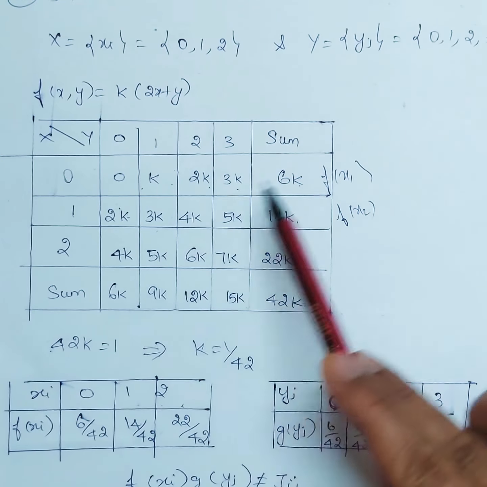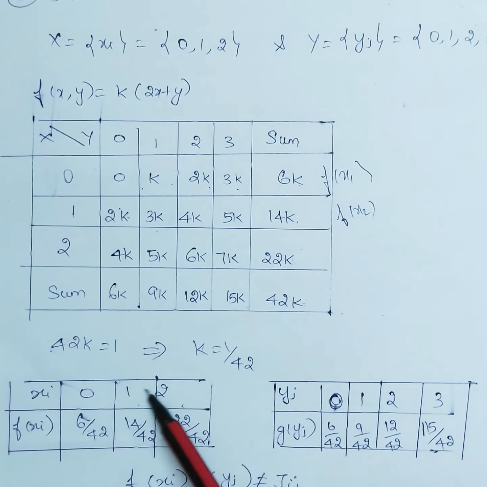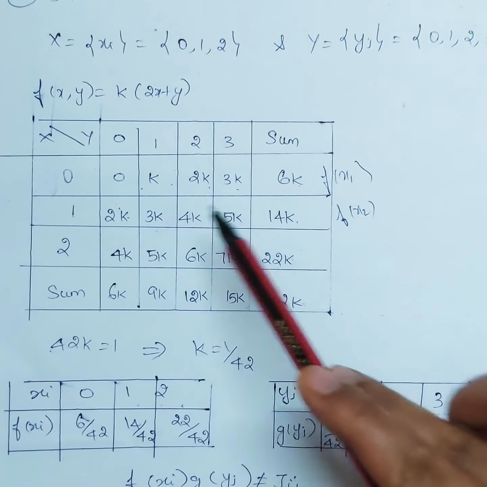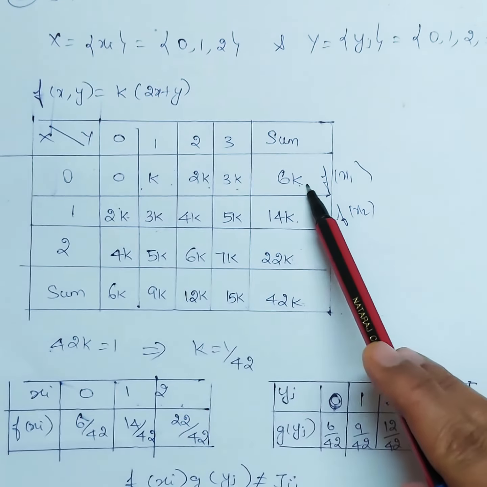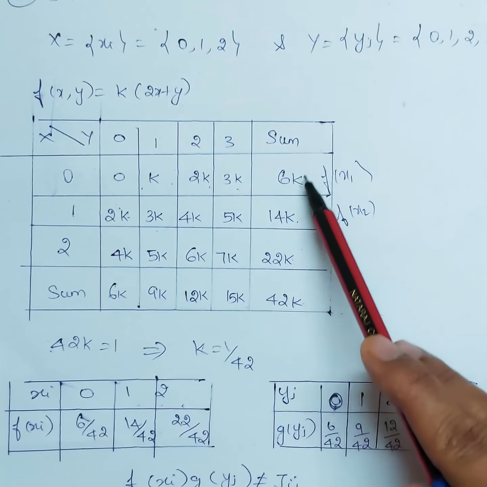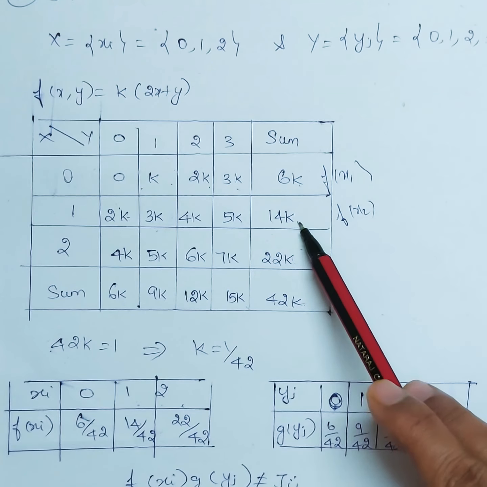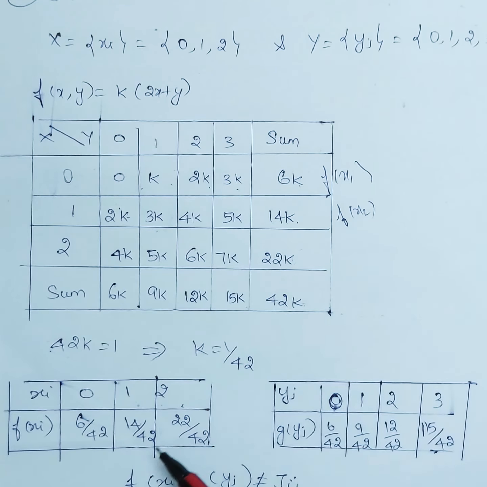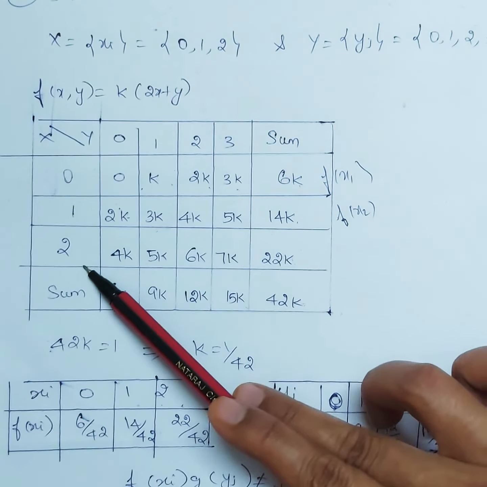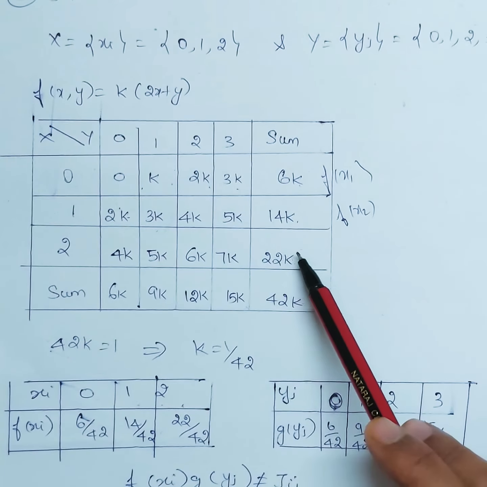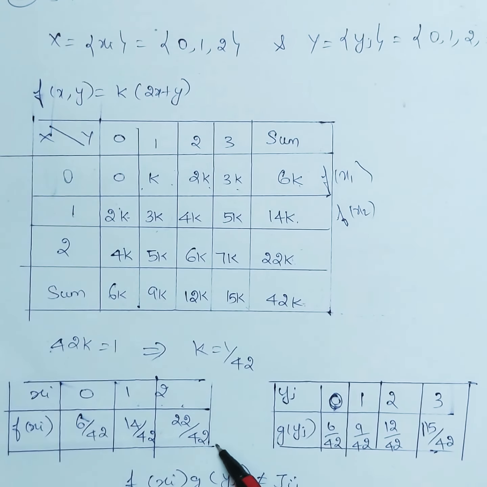These are the x values, because x we have to add row wise. So first row 6k, so 6 into 1 by 42. Second row, when x is 1, the answer is 14k, so 14 into 1 by 42. And third row, when x is 2, 22k, so 22 into 1 by 42, that is 22 by 42. You can of course simplify these values.